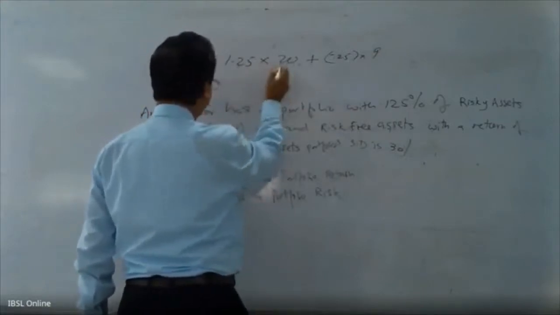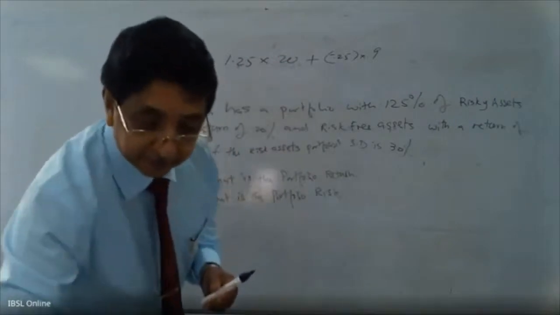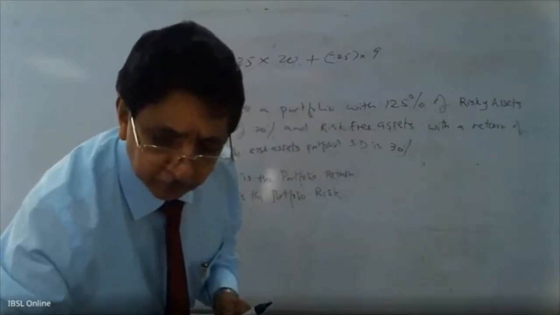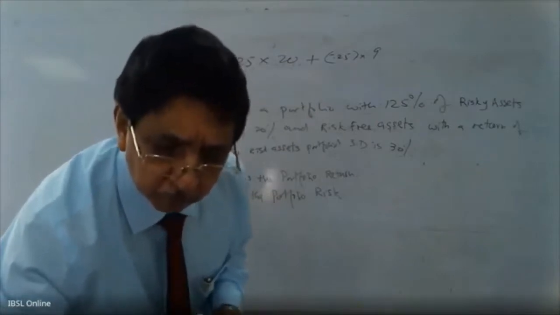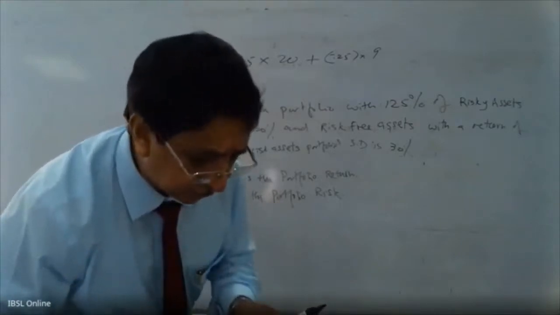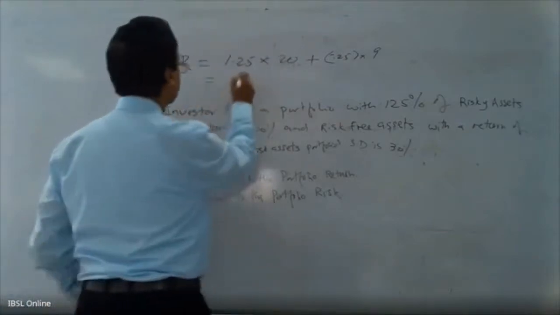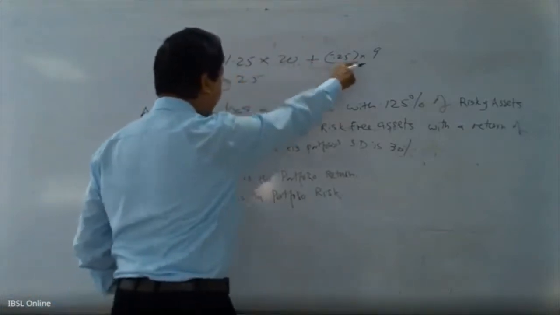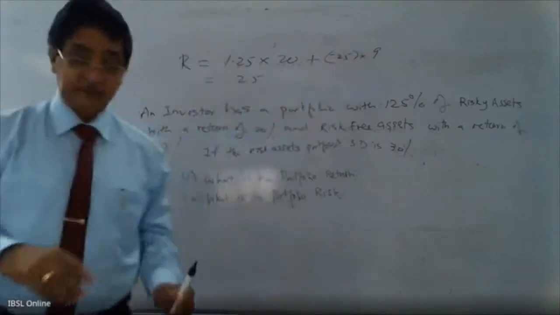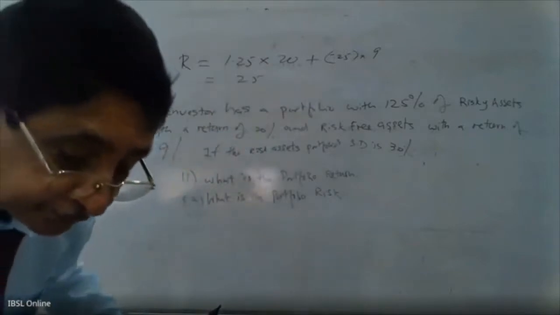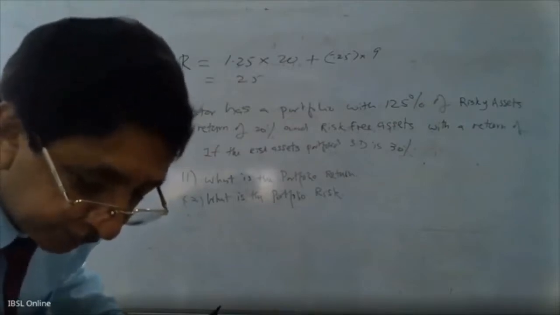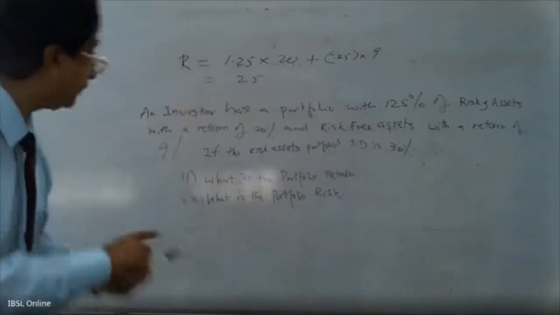Now we will do this. This will come as 20 into 1.25, which comes as 25. Then this will become minus, because minus 0.25 into 9 is minus something. So that is the value that comes here. 0.25 into 9 is 2.25, it's minus.